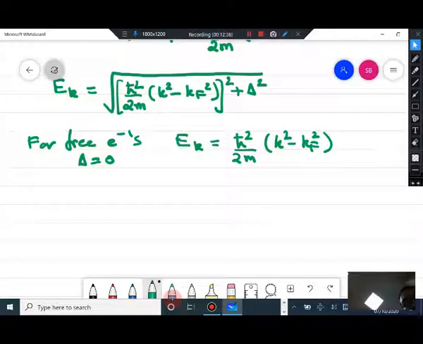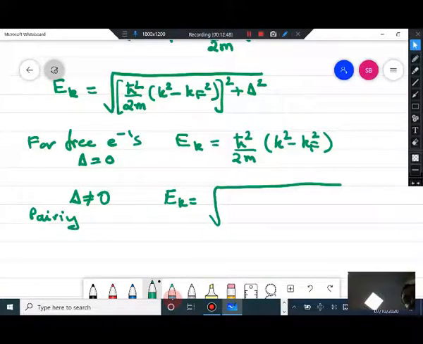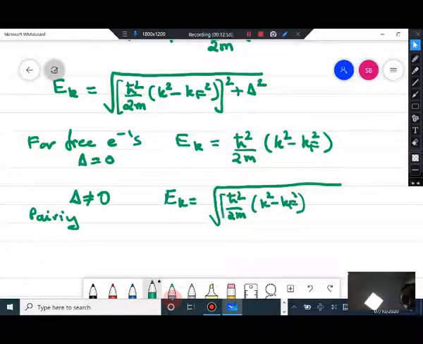This is for free electrons, and for delta not equal to 0, that means when there is pairing, Ek is the square root of h cross square by 2m, k square minus kf square, the whole square plus delta square.